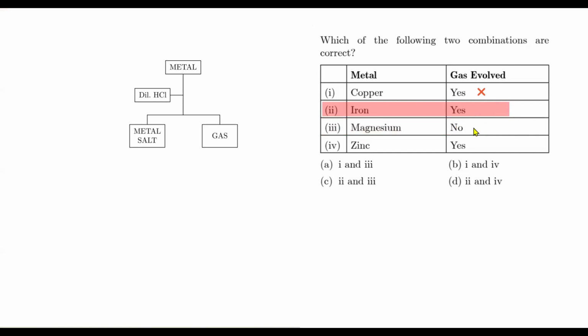But they are saying no, so we'll say that it is incorrect. Yes should be the option in this case. Now, when I look into the last one, it says zinc. Yes, zinc is above hydrogen in the activity series, so it will also displace hydrogen. So therefore, the correct options are second and fourth, and second and fourth is option D, which is correct in this case.